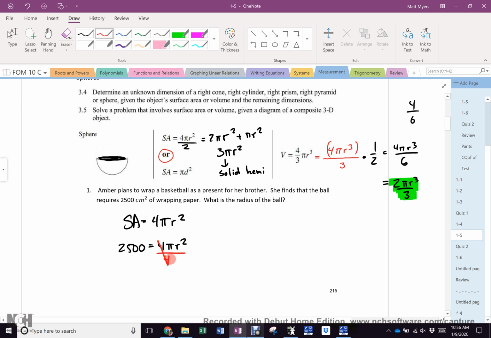Now what do I got to fight through? Excellent. Good. Now what do I got to fight through? Pi. I got to fight through times pi. So what do I do? Divide by pi. I fought through pi.